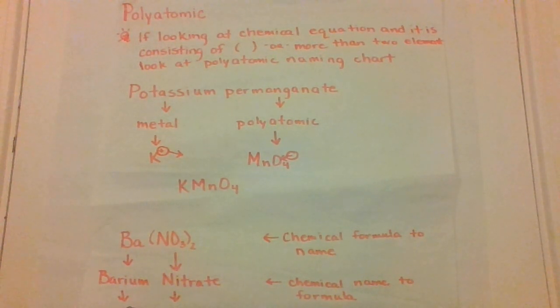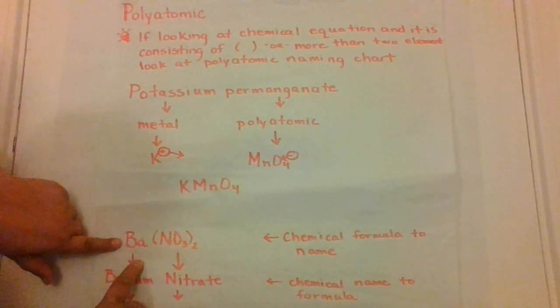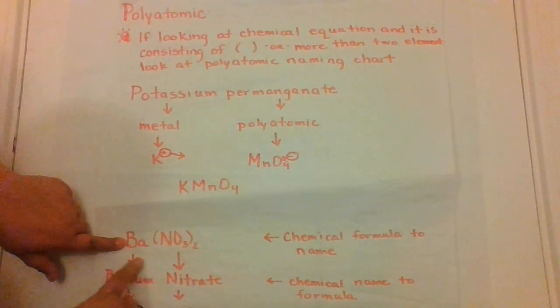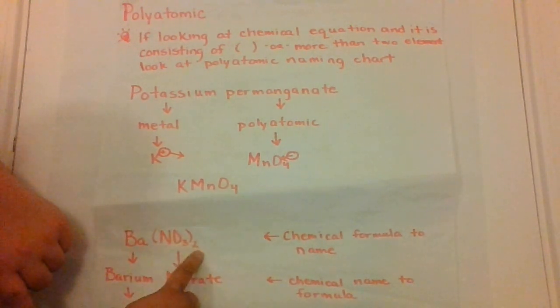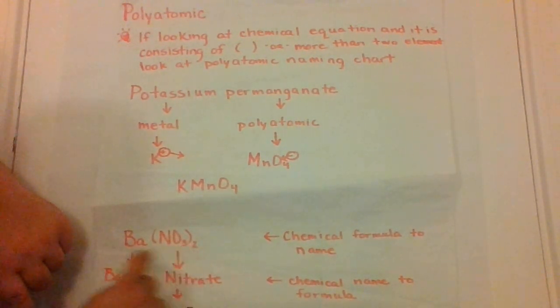All right. Another example of going from a chemical formula back to the actual name. If we take a look at our polyatomic sheet, we know that Ba is barium and NO3. But here we see that 2 on the outside.